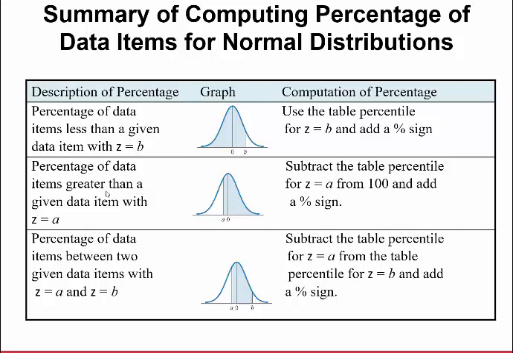If you're asked to find the percentage of data items greater than a given data item, you find the z-score, and since you're looking for greater than, you subtract the table percentage you just found from 100%. So if it's greater than, you do 100% minus the percentile. If you find the percentage of data items between two values, again, find the two z-scores, look up the two percentiles, subtract them, and add a percentage sign.